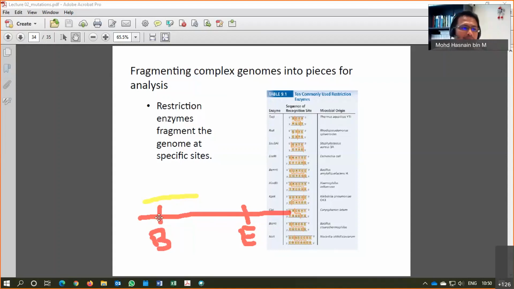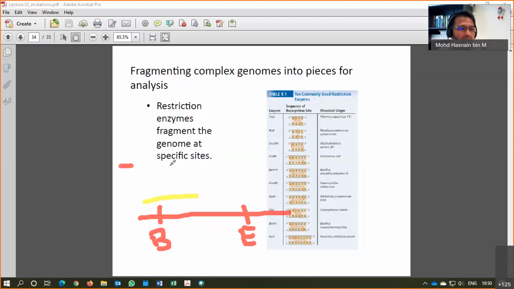But if I mix BAMH1 and EcoR1 together and put them in the tube of DNA, they will cut at two places, because BAMH1 will cut here and EcoR1 will cut here, as they recognize different places. So that is how you fragment.